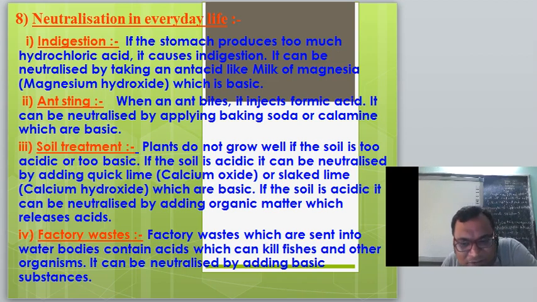It can be neutralized by adding basic substances. Obviously, when we discharge factory waste material, it contains certain acidic things also, and due to the heavy acidity, the living organisms inside the water die gradually. So in order to save them, in order to save our environment, sometimes we add certain basic substances to the water in order to neutralize that acidity, so that the aquatic life could sustain nicely.